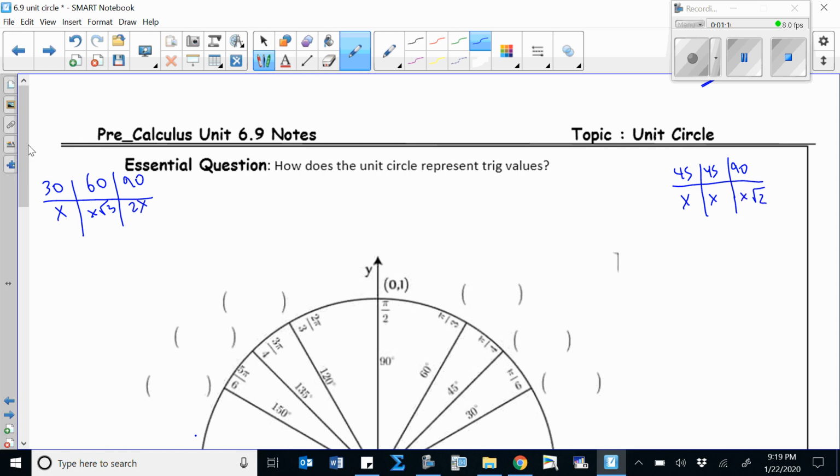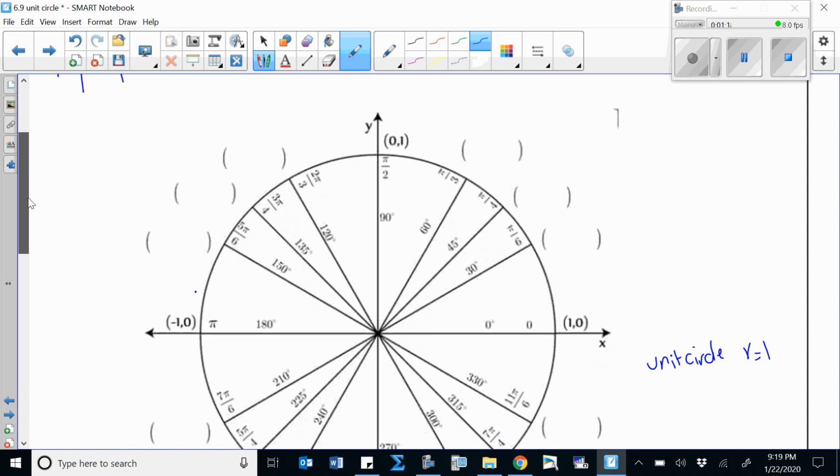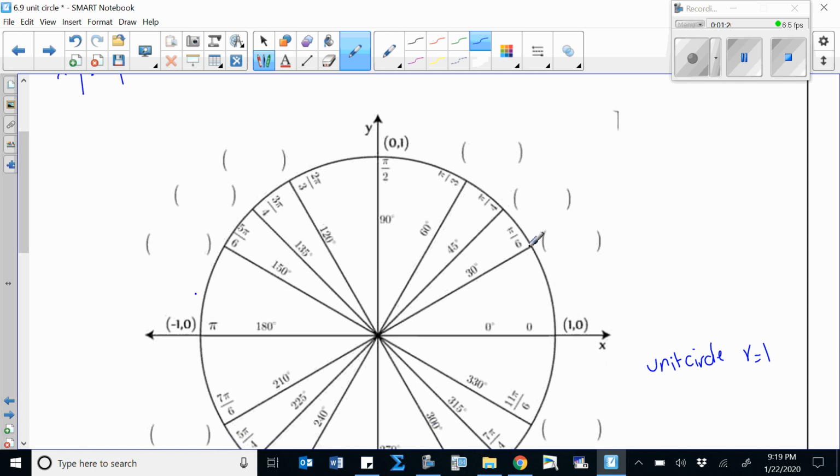Let's talk a little bit more about the unit circle. We have learned that if we have a point on the unit circle, and I draw a line from this point to the origin, the angle made by this line and the x-axis, let's call that theta.